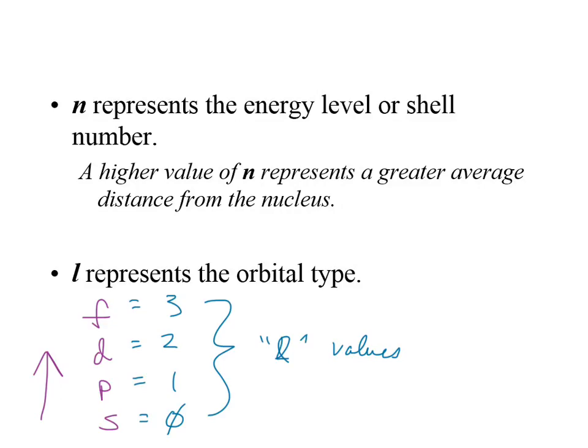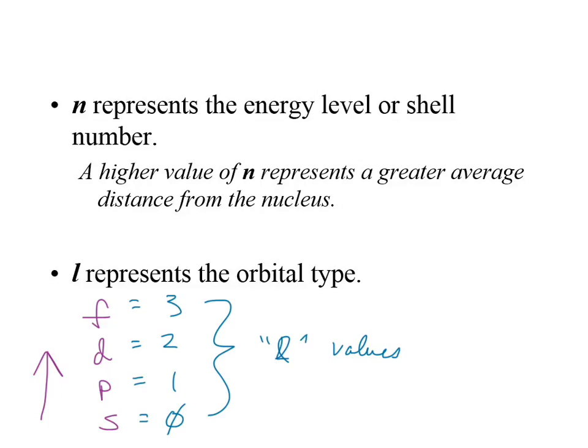So the n plus L value is 1. Let's go for 2s. The n is 2. The L value is 0 because it's s. How about this one? 2 plus, what's the L value for p? 1. It is 1. So literally the n plus L value is right here.